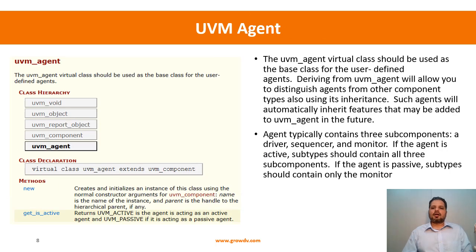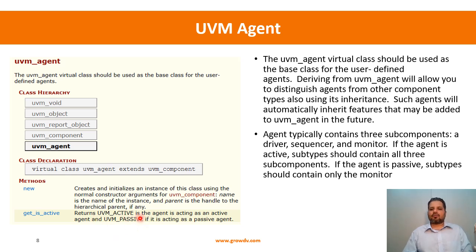So for all user-defined agents, we should be using the UVM agent base class. This is a virtual class UVM agent, extending UVM component. The main new functionality that it adds is the is active type property, which helps us control whether it's a UVM active type of agent or a UVM passive type of agent.